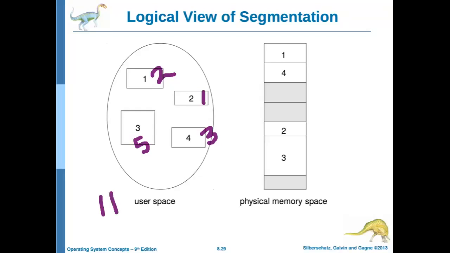Now, in the segmentation memory management scheme, your program will be divided based on logical segments, rather, logical parts of your program. For example, here maybe 1 denotes a square root function, 2 denotes the main function, 3 could be something else, and 4 maybe your global data.